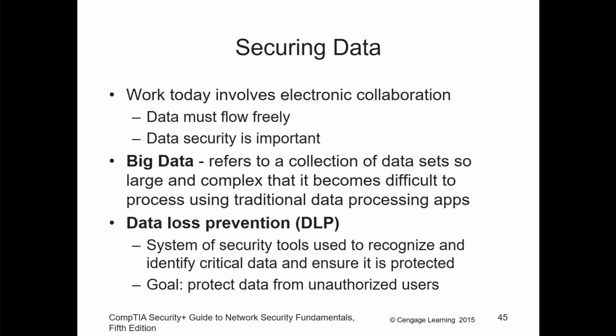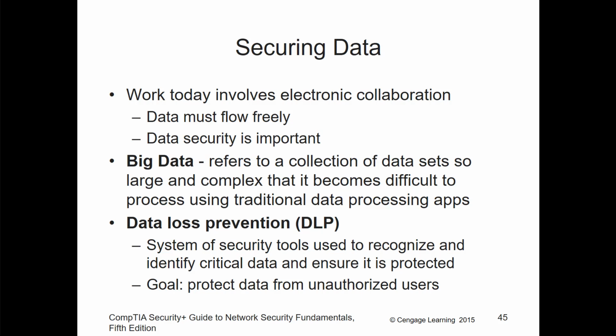We have what's called data loss prevention, or DLP, and there is a system in place for recognizing and identifying critical data sets or data structures to ensure that they are protected. The goal is to protect the data from unauthorized access, and again, unauthorized access is the big one.